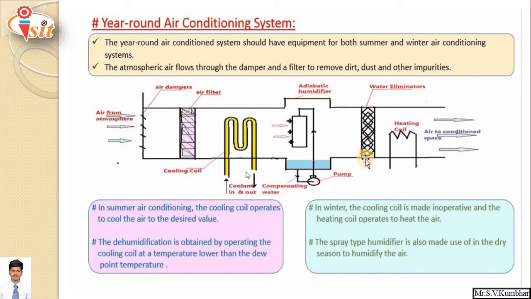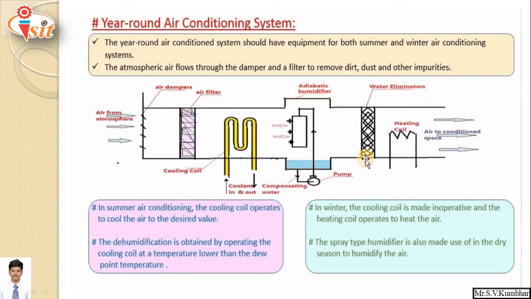In winter air conditioning system, when this year-round air conditioning system has to act as winter air conditioning system, the cooling coil is made inoperative. Only heating coil will operate and heat the air, means atmospheric air will be taken inside this duct.